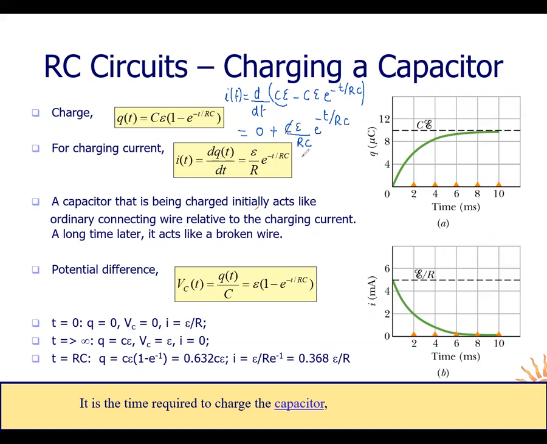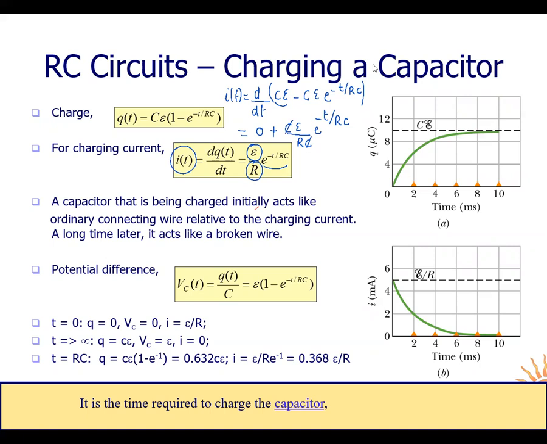We get C and C cancelling. The final value will be E divided by R exponential minus t divided by RC. This is the value of the current at the time t.